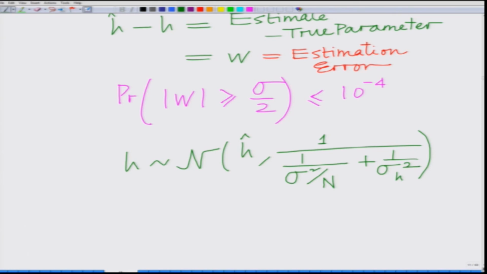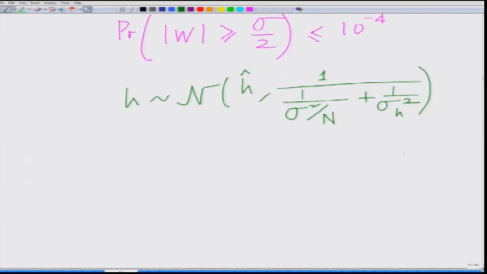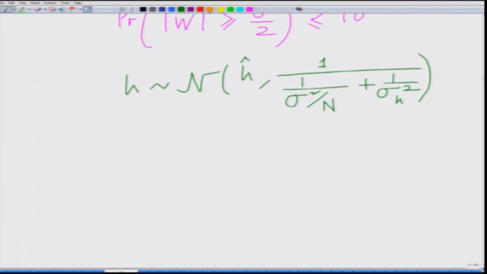Okay. And therefore, let us denote this quantity by sigma tilde square, that is sigma tilde square equals 1 over sigma square by n plus 1 over sigma H square.